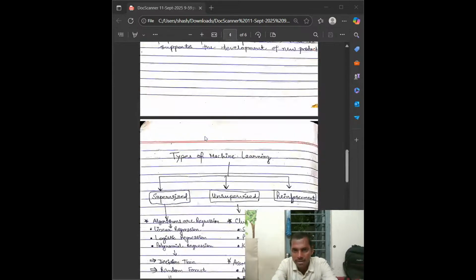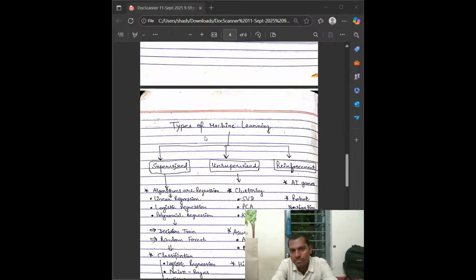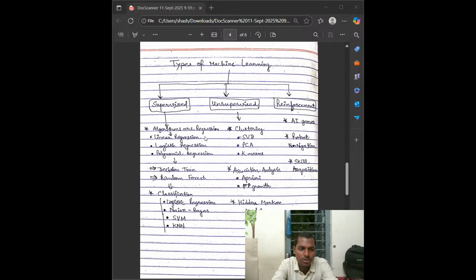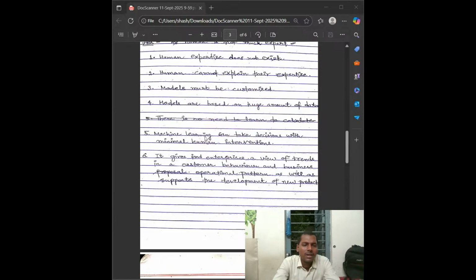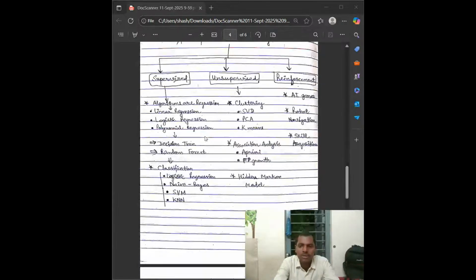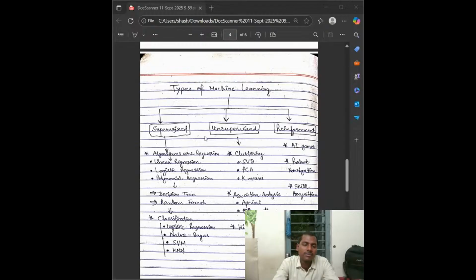Okay, and we also have types of machine learning. Here it's written supervised, unsupervised, and reinforcement learning. There is also a thing called semi-supervised learning. Supervised learning includes regression, decision trees, random forest, and also classification problems.